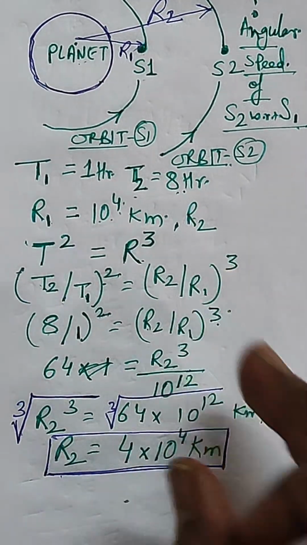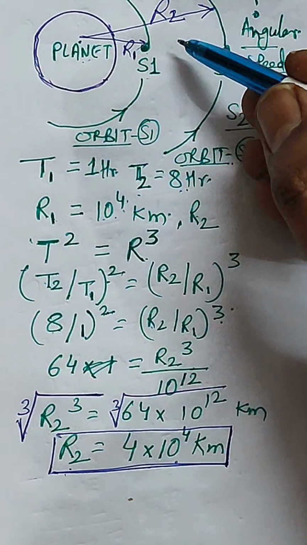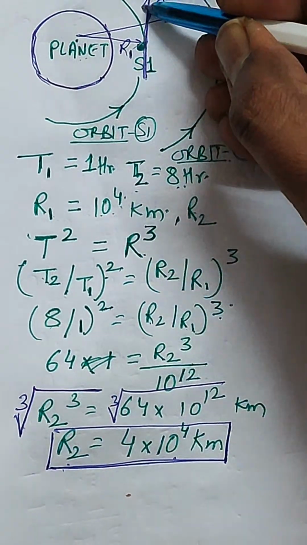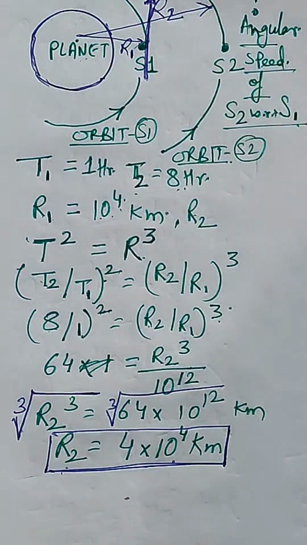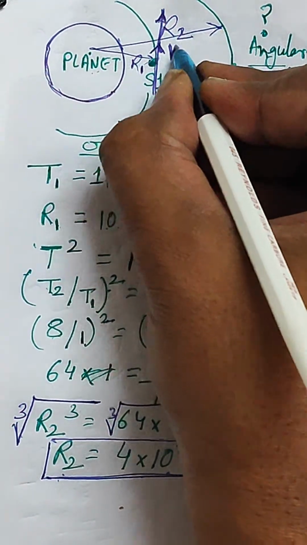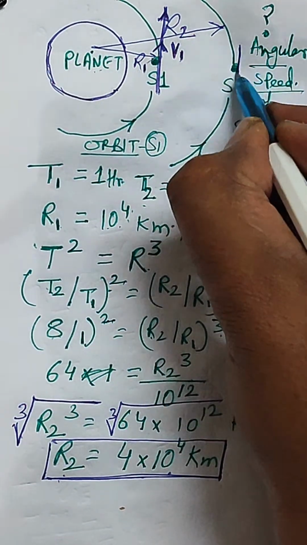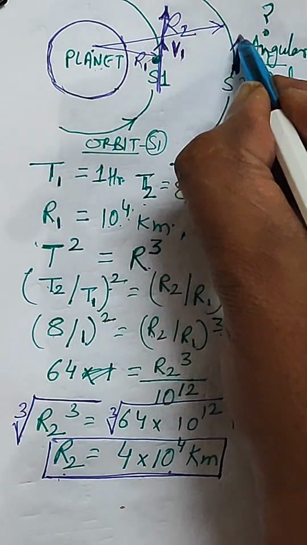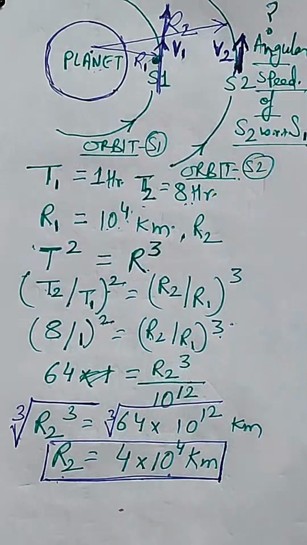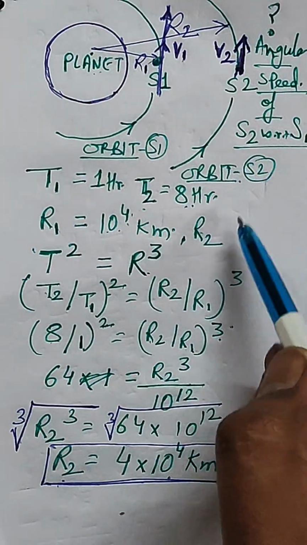Okay, so this is the value of R2. Now at this position, let us say the linear speed of satellite 1 is V1. Similarly for satellite 2, the speed over here is V2.